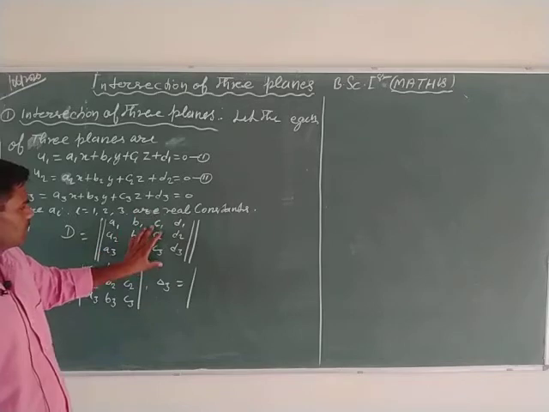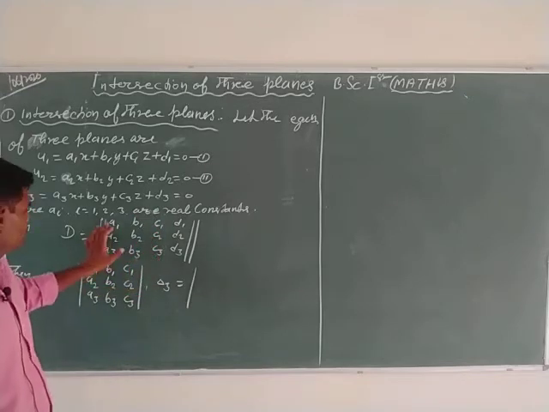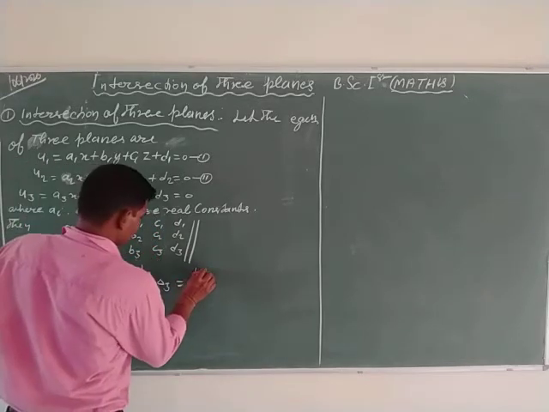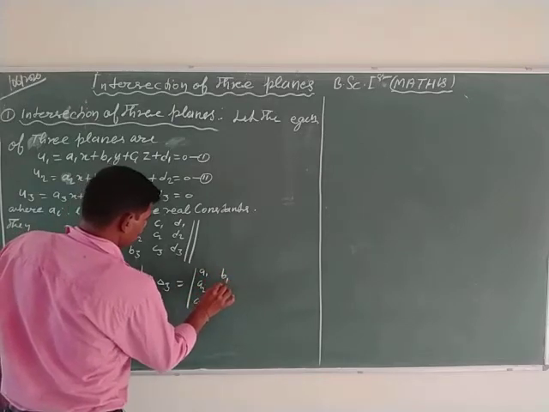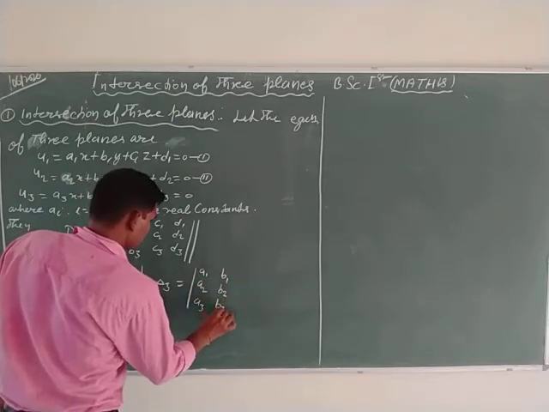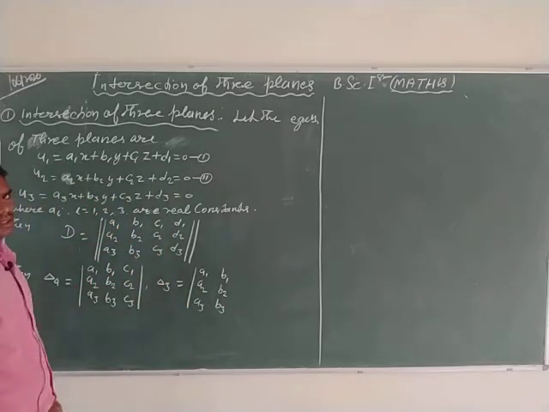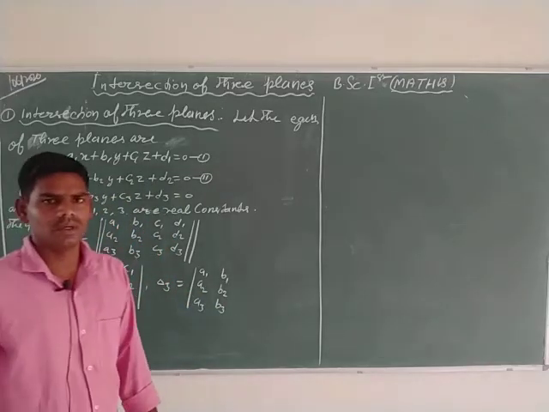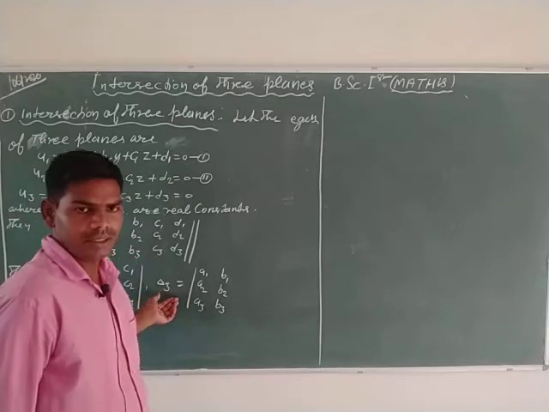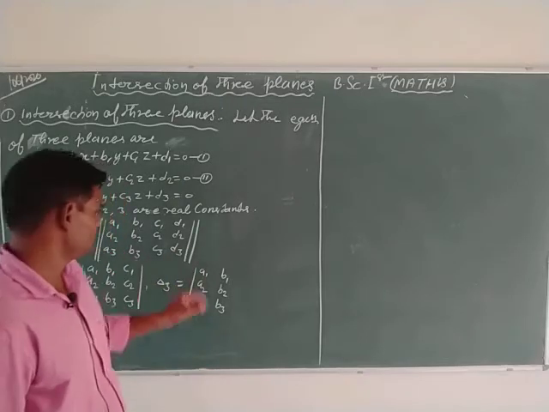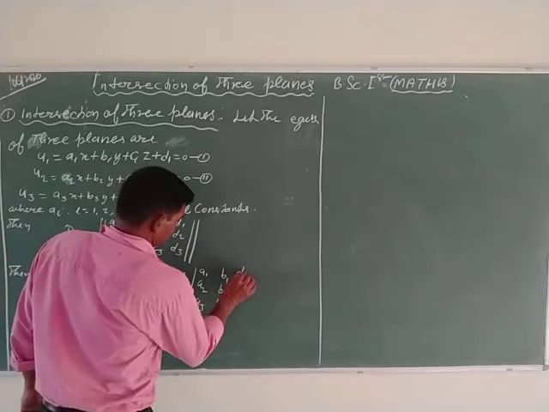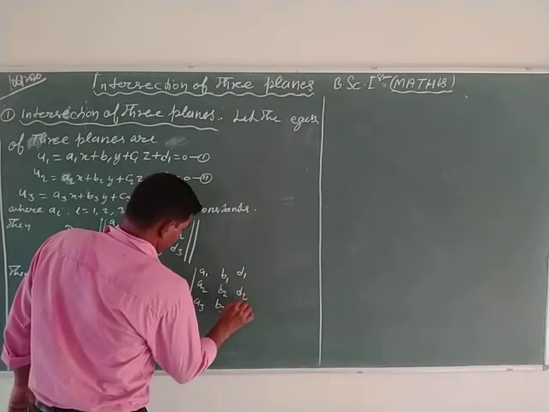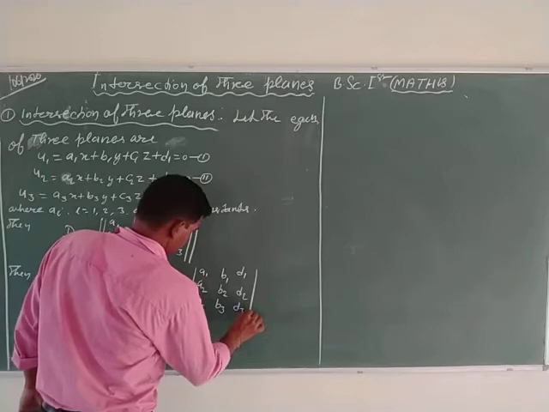The third column is c1, c2, c3. In delta 3 we remove the third column, c1, c2, c3, and the remaining columns are a's, b's and d1, d2, d3.